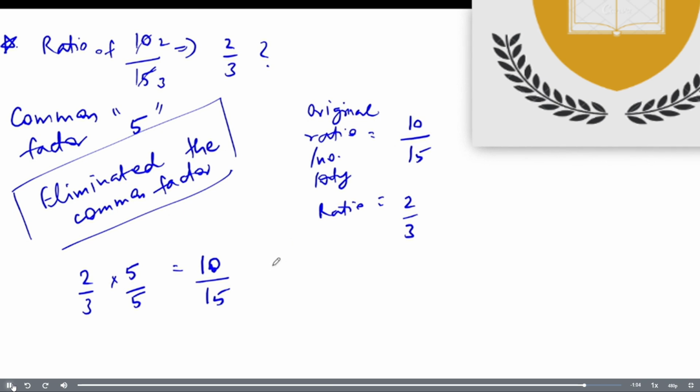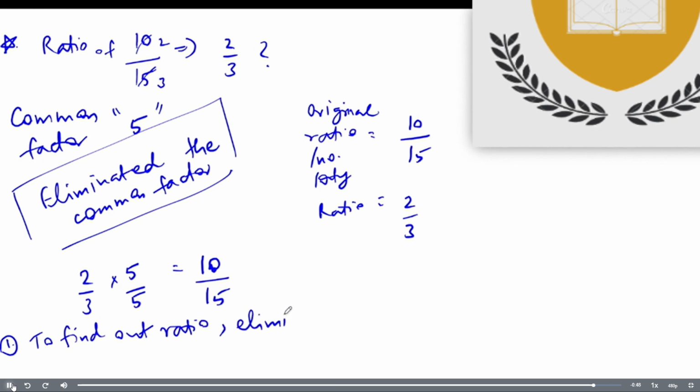So here there are two things which are important. The two outcomes which are important here: the first is to find out the ratio. Ratio means simplified form. Eliminate the common factor.